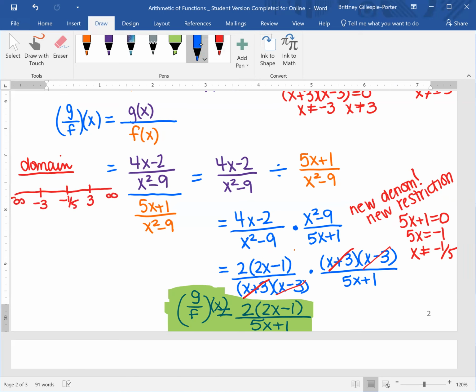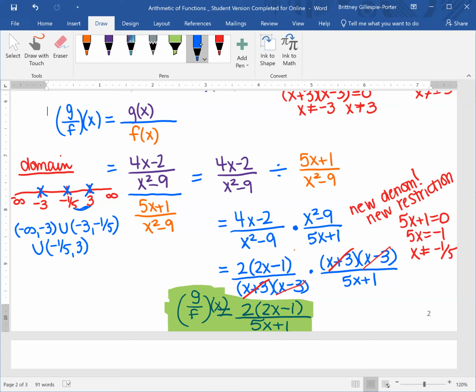Because we have 3 restricted values, we are going to have 4 parts to our domain. Remember, it's always one more. So we have negative infinity to -3, union -3 to -1/5, union -1/5 to 3.